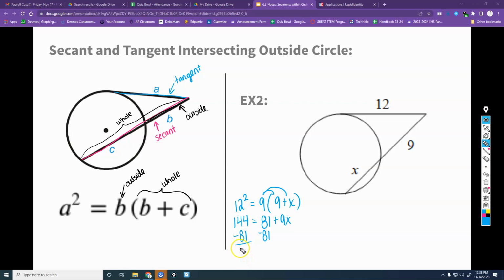This will give us 63 equals 9x. We'll divide by 9. So x will equal 7. Questions there?